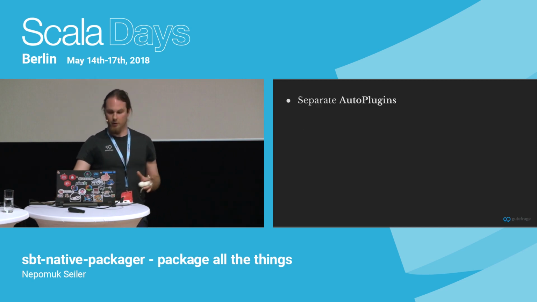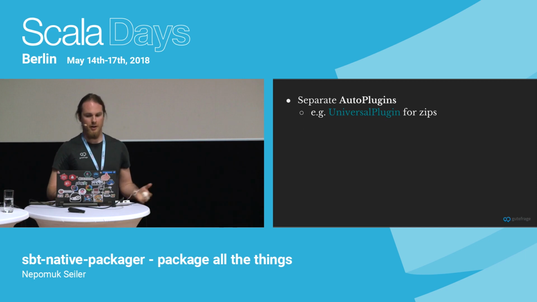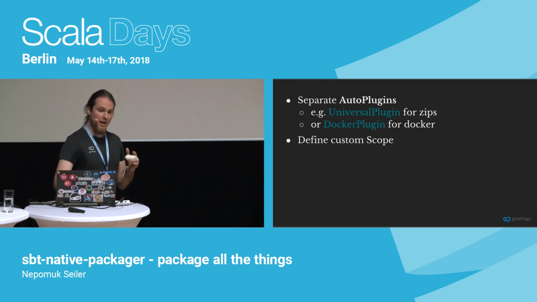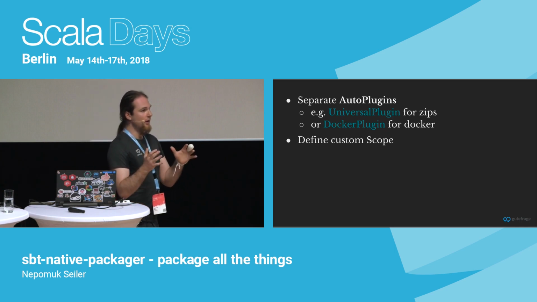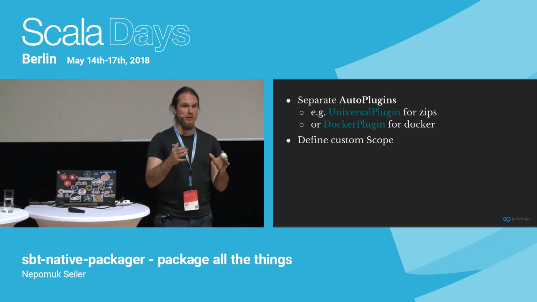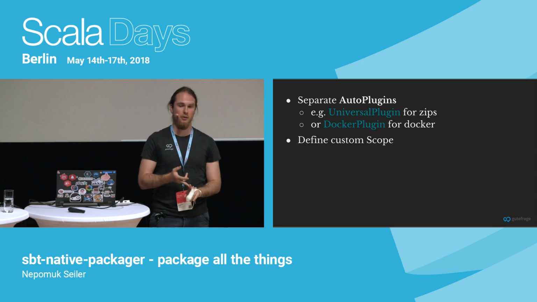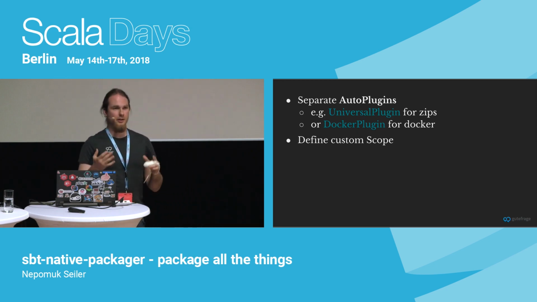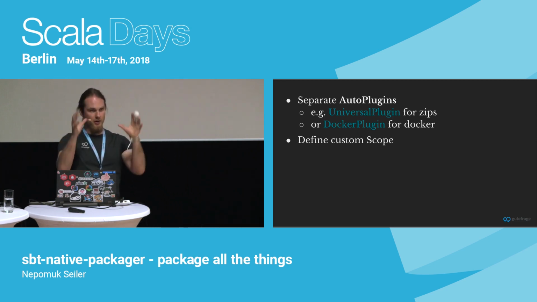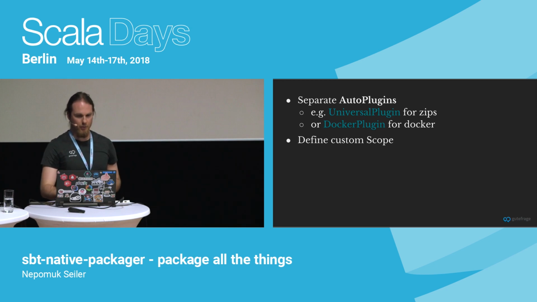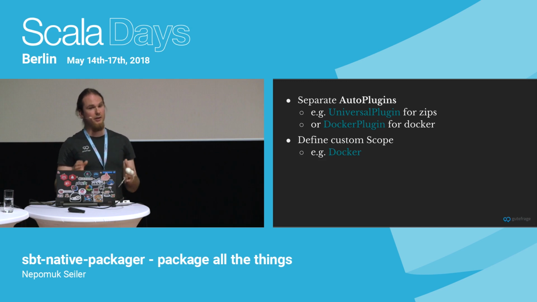And these formats are all structured the same way. Every format has its own auto plugin, like a universal plugin that builds zips, a Docker plugin for Docker, and every plugin defines its own scope. SBT has 3 scoping axes, so it has a project scope, configuration scope, and task scope. And a format plugin defines a configuration scope, so you can scope pre-existing settings to a specific format.